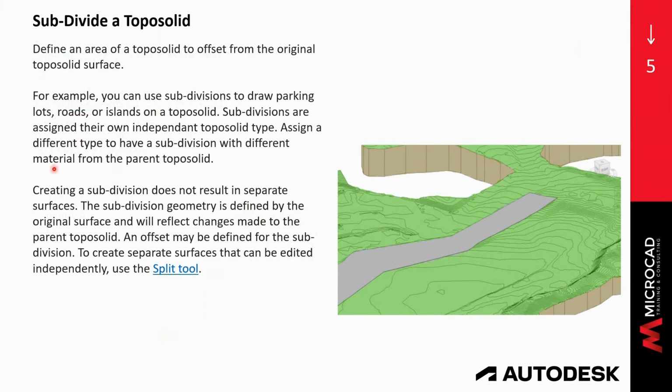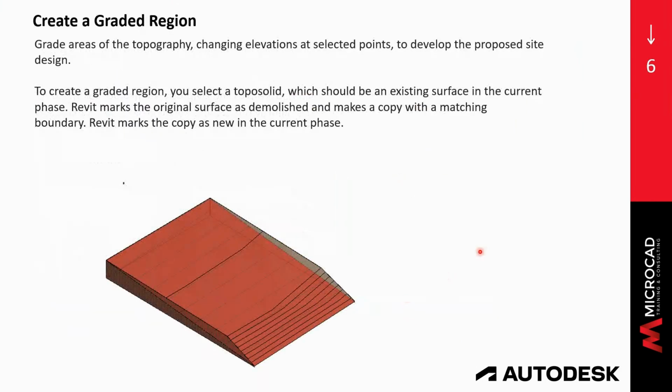So I just showed you how to create subdivisions. Very cool for creating roads or pathways on your terrain, and any changes that you do on your Toposolid, the subdivision is going to follow those changes. You can create graded regions, and when you create graded regions, it is going to give you the land movement.